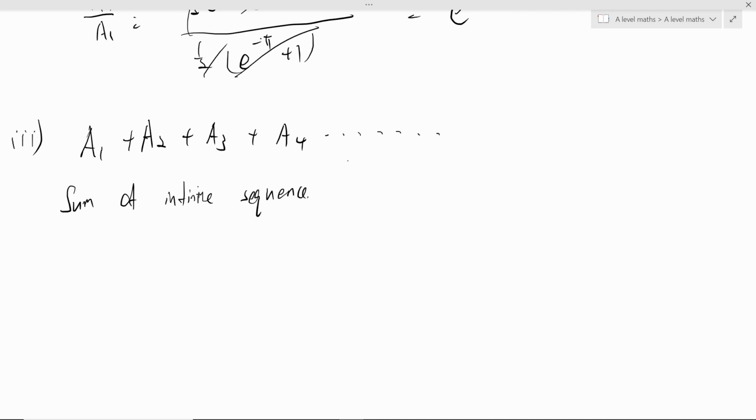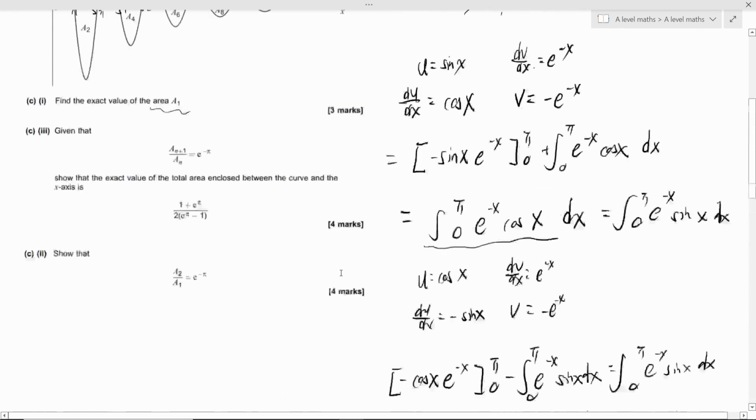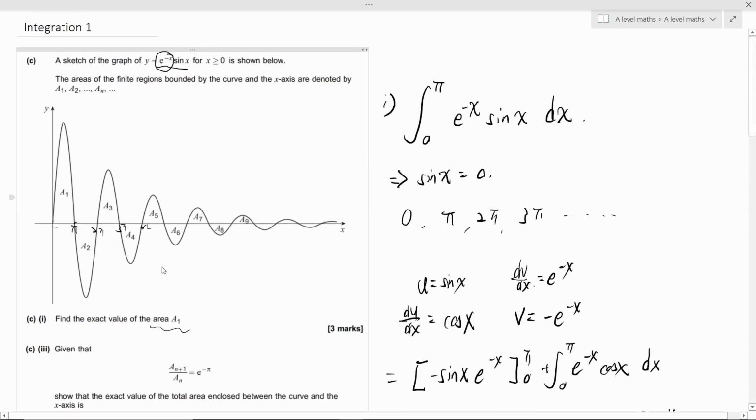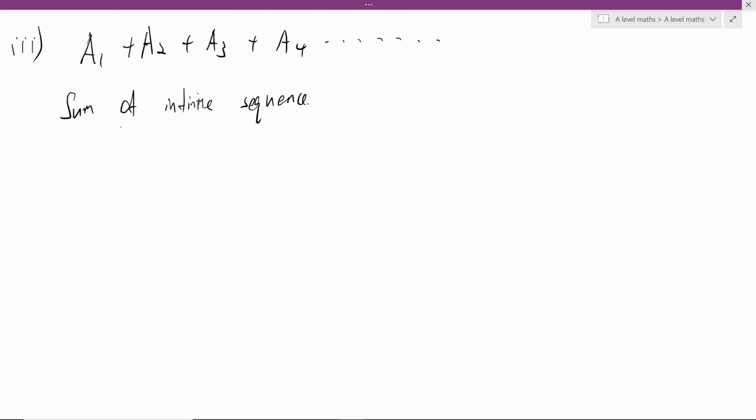How shall we determine the sum of an infinite sequence? Well, I think the first thing we should do is determine if there's an actual formula that expresses A n. Because it says the ratio between consecutive terms is e to the minus pi, I think it'll be straightforward to say that A n is actually e to the minus pi to the power of n minus 1 times A1.